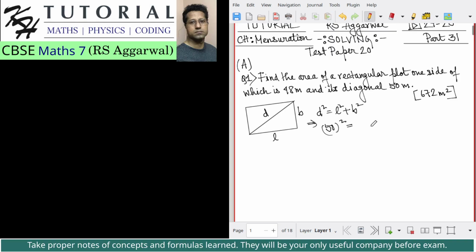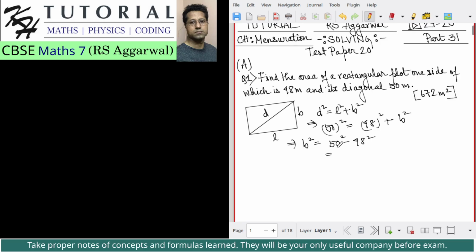So we have 50 square is equal to length square plus breadth square. One side of the plot is 48 meter, so let's say the length is 48 meter. So we have 48 square plus B square. So B square is equal to 50 square minus 48 square.